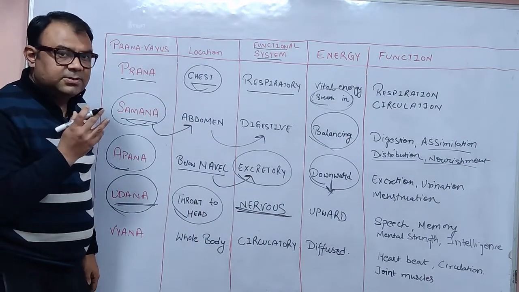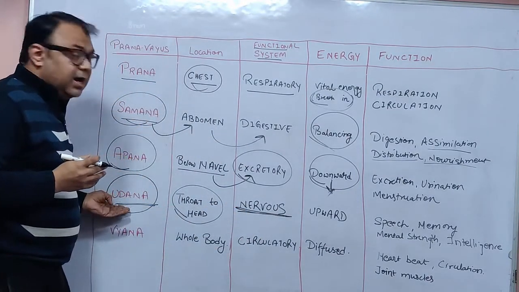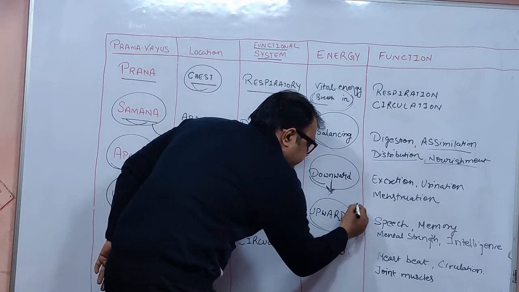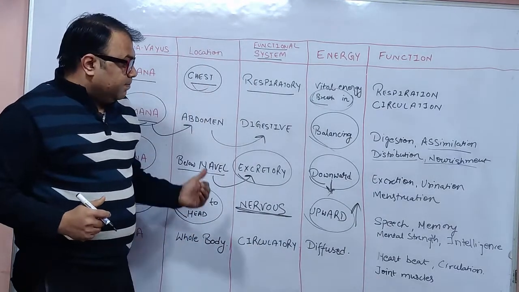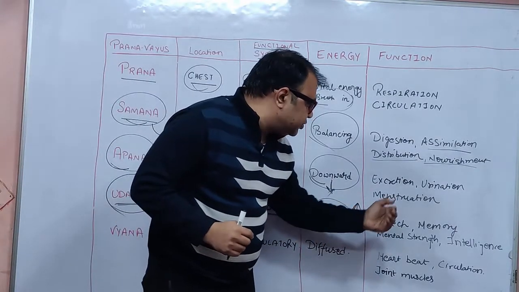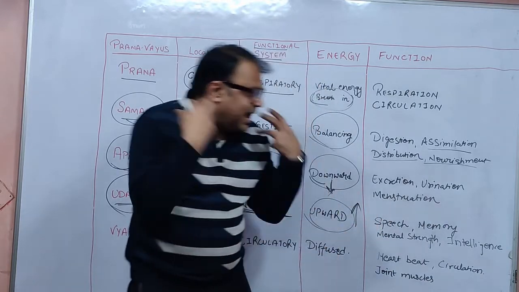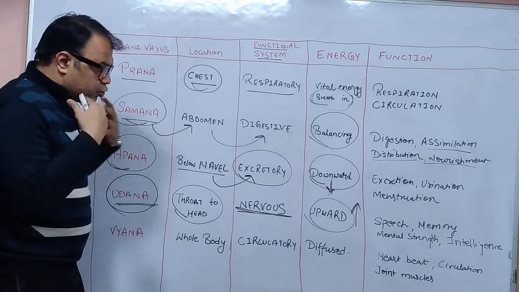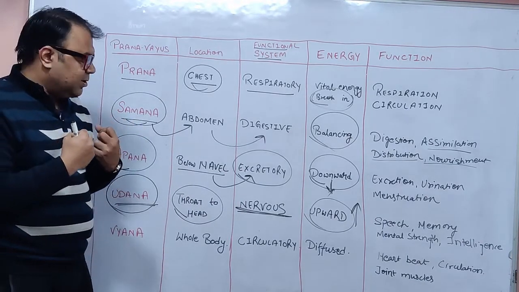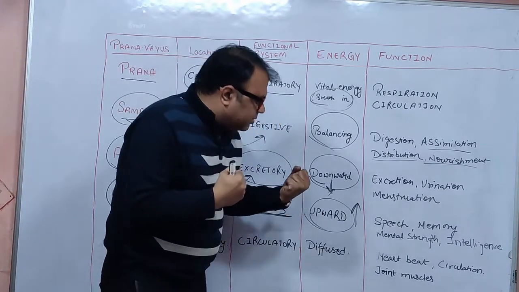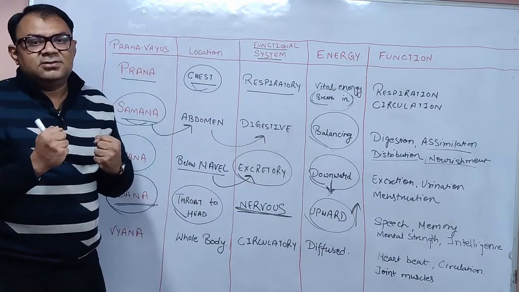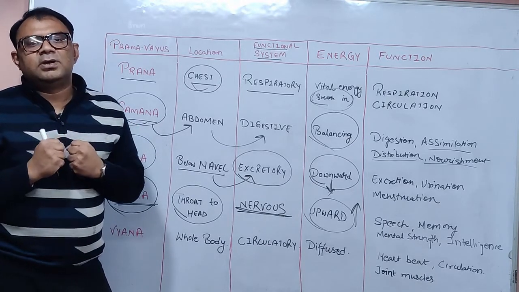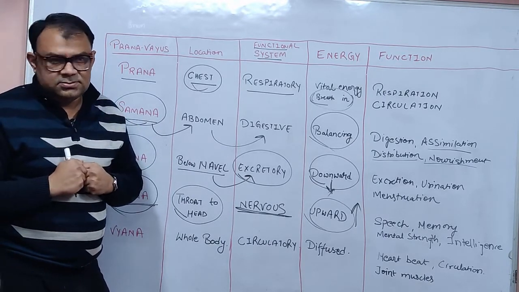Its movement is upward, and it is responsible for speech, memory, mental strength and intelligence. The person whose Udana Vayu is strong enough would have good mental strength, be a good speaker, and carry great intelligence.